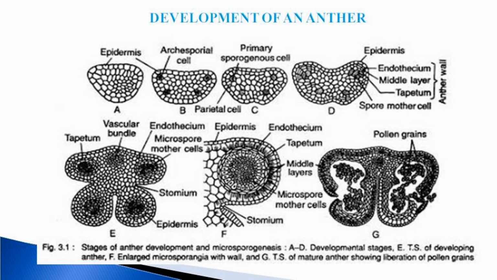In the diagrams D and E, you can clearly see the four-lobed structure of the anther. But it begins its journey from an undifferentiated pattern, which is represented in the picture A. There you can see the formation of homogeneous parenchyma cells.